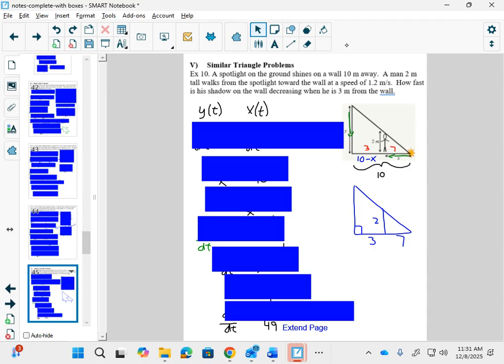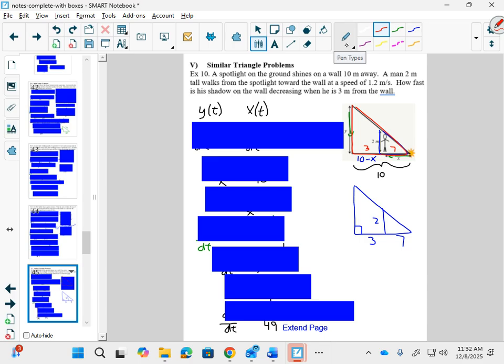So now we're not going to use a squared plus b squared equals c squared, because the value that's changing, x, is on this triangle, and the value that's changing, y, is on this triangle. And those two triangles are similar.